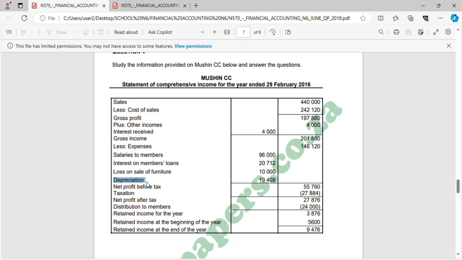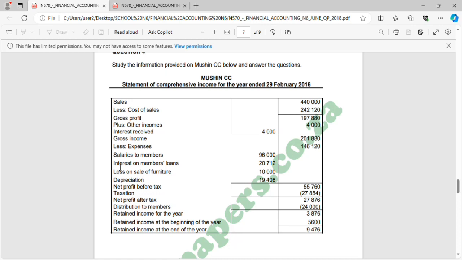So we also have the interest on members loan. So interest on members loan is the interest on loan, and the interest on loan is an expense. So when you're dealing with the cash paid, it's not going to be inside the brackets.